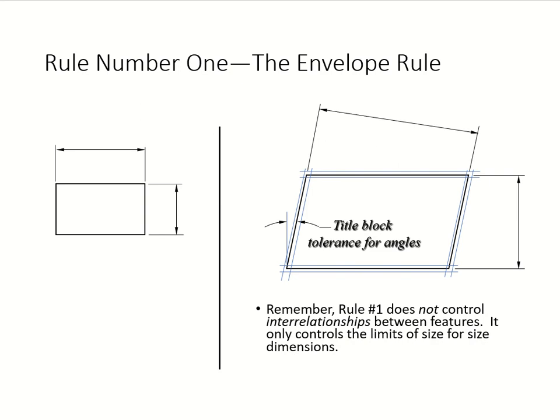Rule 1, again, doesn't really control the interrelationship. You're just looking at individual features. Rule 1 is going to control only the limits of size for size dimensions of individual features.